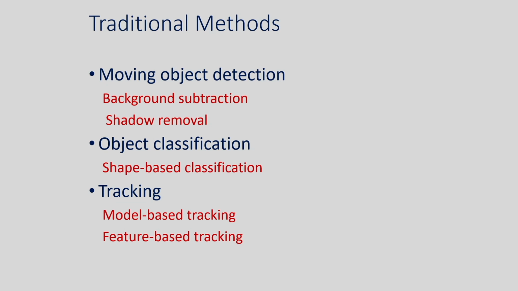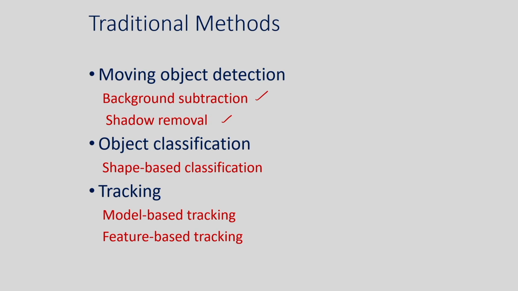Some of the traditional methods for all these activities: for moving object detection we can employ the background subtraction algorithm, and also we have to employ a shadow removal algorithm. For object classification simply we can employ the shape information, that is, shape based classification. For tracking of the objects we can employ model based tracking and also feature based tracking.